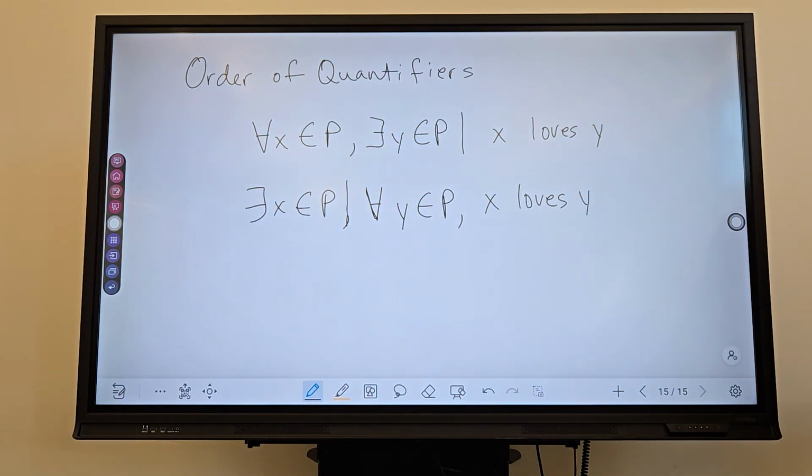The order of the quantifiers changes the meaning of the statements greatly. If the quantifiers are of the same type, the meaning of the statement does not change with the order of the quantifiers.